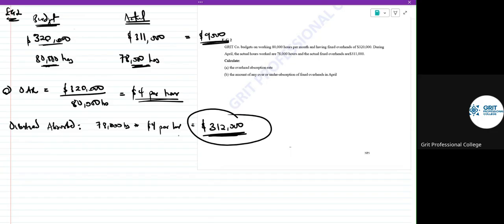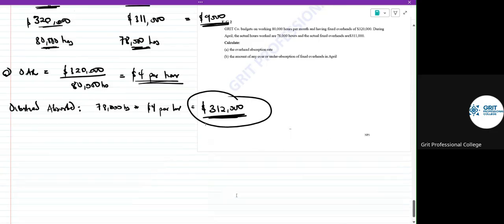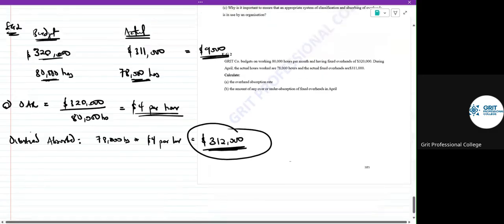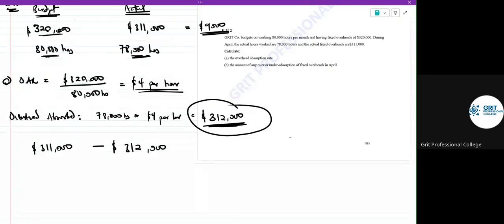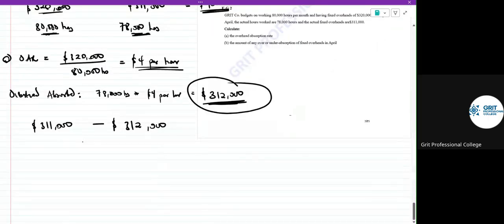All right. So once we have this overhead absorbed, we can then compare it with our actual overhead. So that will mean 311,000 minus 312,000, or we are comparing the two. The difference, I believe, is 10,000. Please forget about whether it is a negative figure or a positive figure.